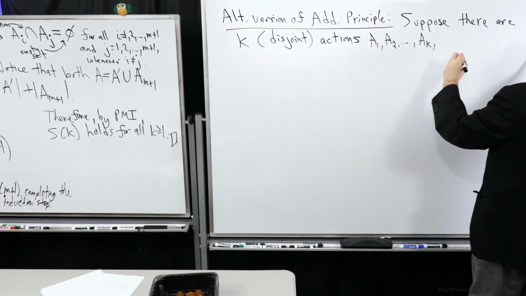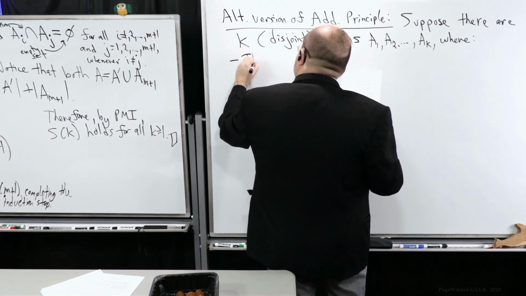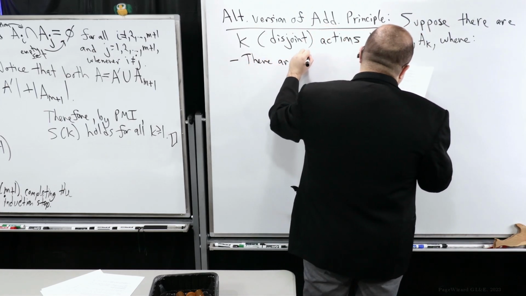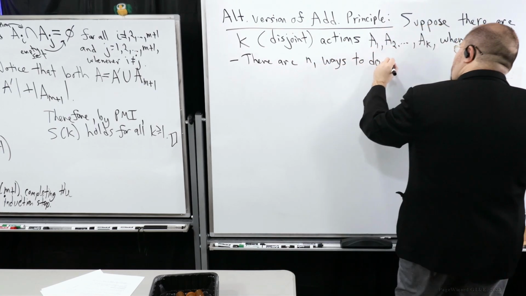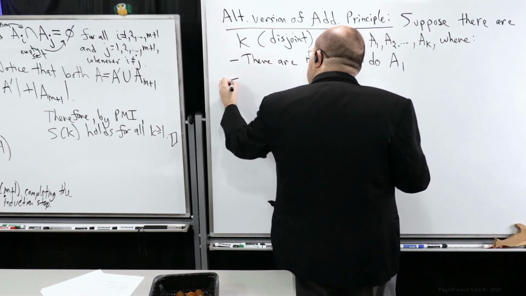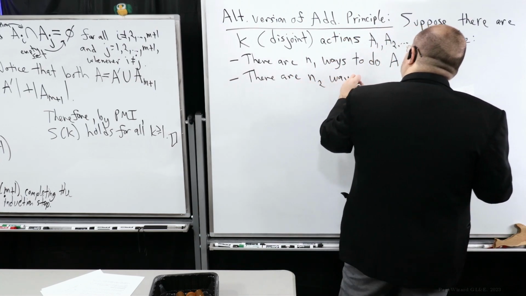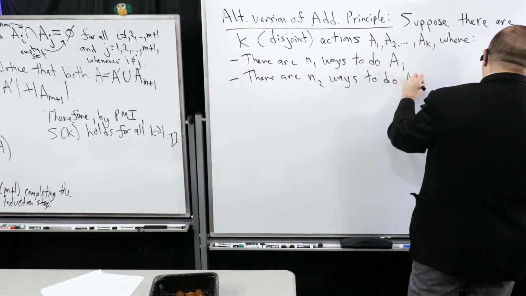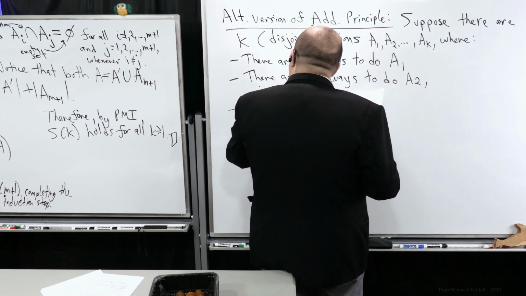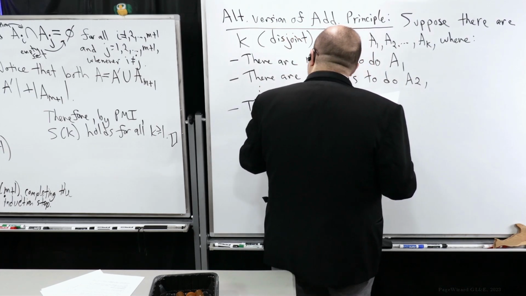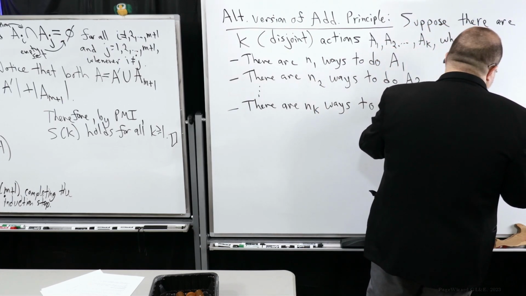So far we're looking kind of similar, where there are n1 ways to do action A1. There are n2 ways to do A2, and so on, until there are nk ways to do action Ak.